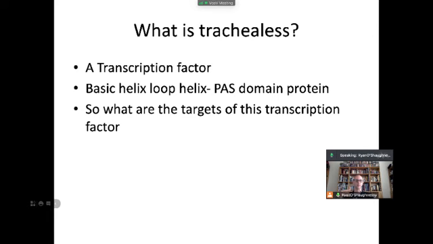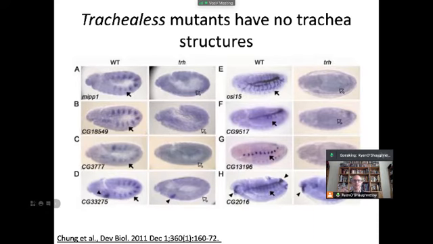So the important question to ask is, what are the main targets of this transcription factor? And of course, the previous experiment alluded that possibly all of these genes are downstream of trachealess and therefore may be targets of trachealess binding to DNA.